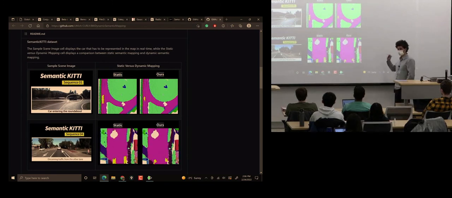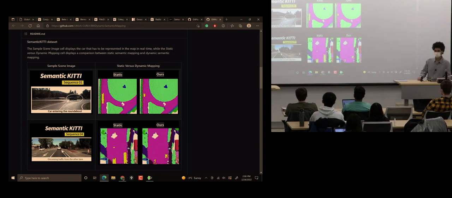Accuracy-wise, there was a challenge in how to evaluate dynamic maps, because accuracy-wise it's similar. But if you look at precision, the precision is so much higher because all the free areas are modeled correctly now. But it's hard in a lot of data sets to evaluate it because a lot of data sets are built for static maps.